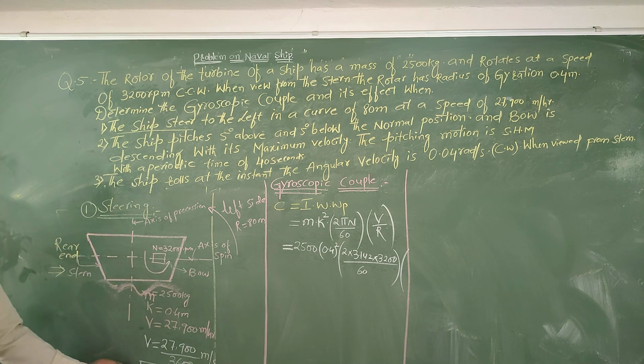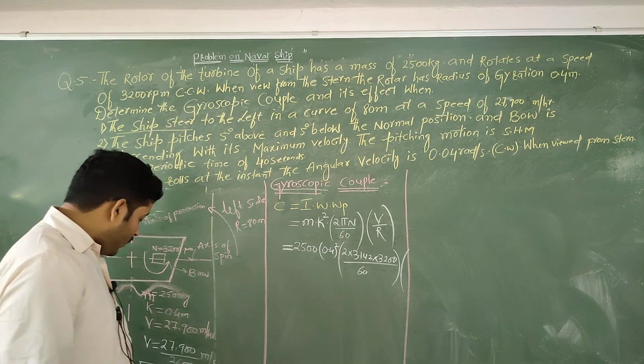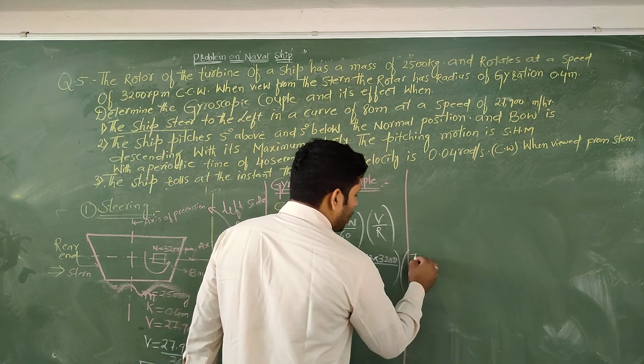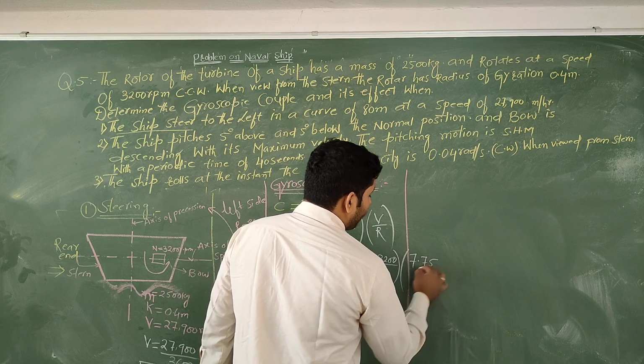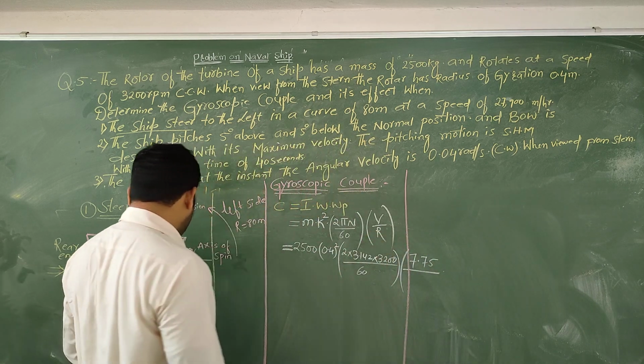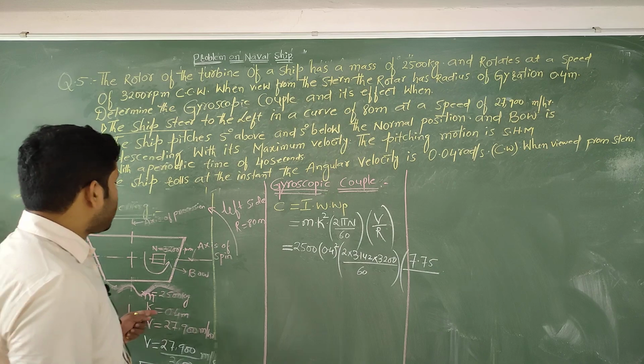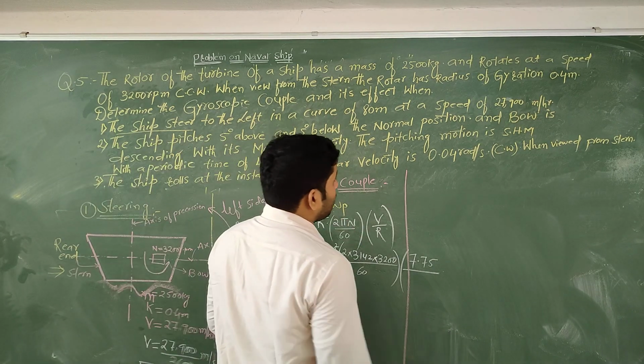Okay dear, any doubt up to here? I think there is no doubt for you. So the V value we can represent here as 7.75 by the radius, which is given as 80 meter.